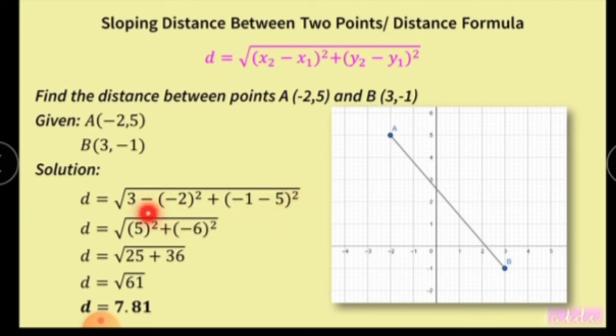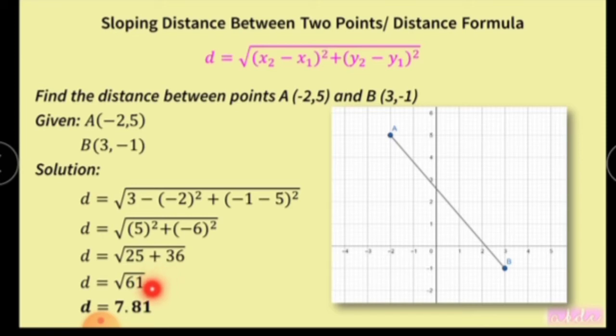And then simplify. 3 minus negative 2 is the same as 3 plus 2, which is 5 squared, plus negative 1 minus 5 is negative 6 squared. Then 5 times 5 is 25, and negative 6 times negative 6 is positive 36. So the square root of 25 plus 36 is the square root of 61.